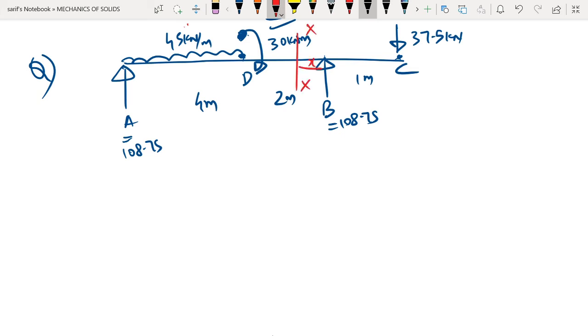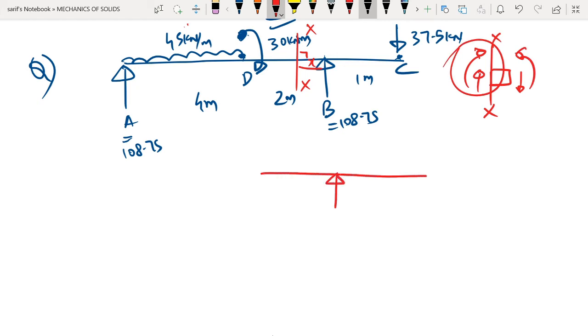We will consider B as the origin. So, if we consider a small element here, this would be the positive directions of shear force. This would be 1 meter. This is xx.